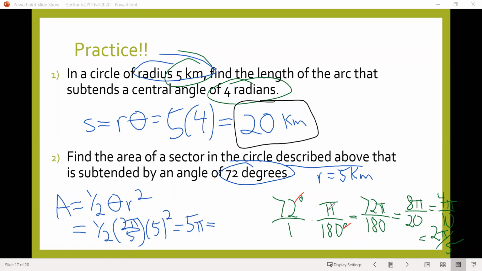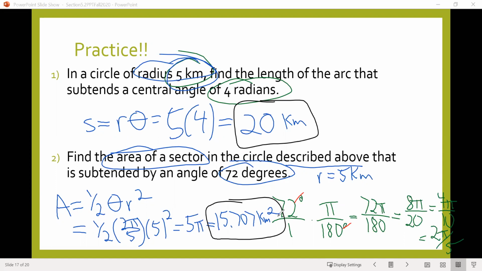You should get an answer of 15.707. We again want to use units here because we're using area, and the units in our radius were kilometers. This should be kilometers squared. So the area of that sector is 15.707 kilometers squared, or we could say 5 pi kilometers squared.